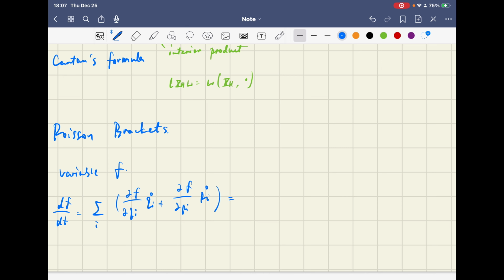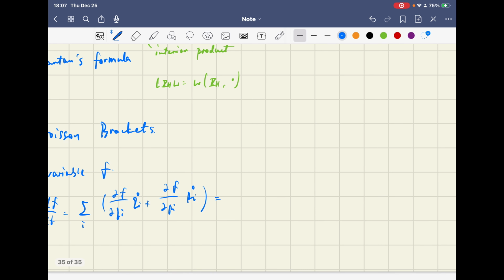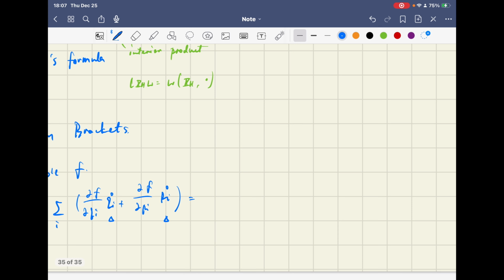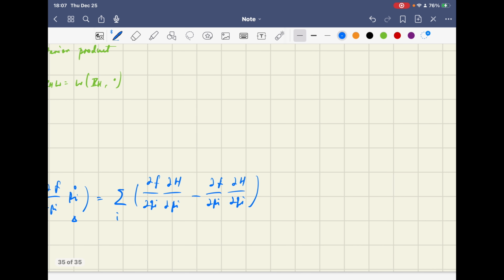And with the Hamiltonian equations, we can rewrite the derivatives of q and p. Minus p_i. Okay, and this is actually the form of the Poisson brackets.